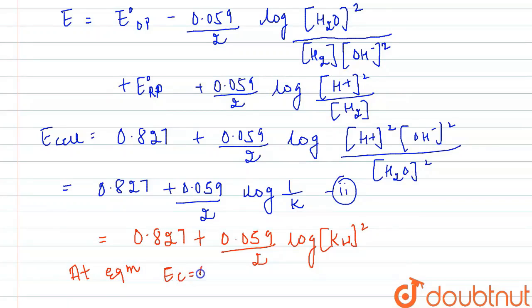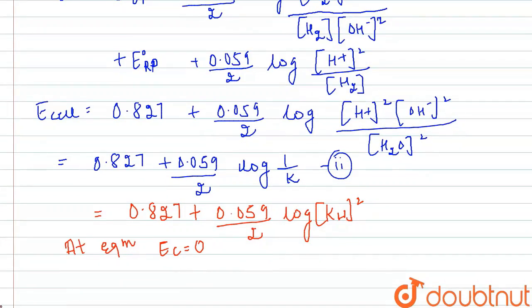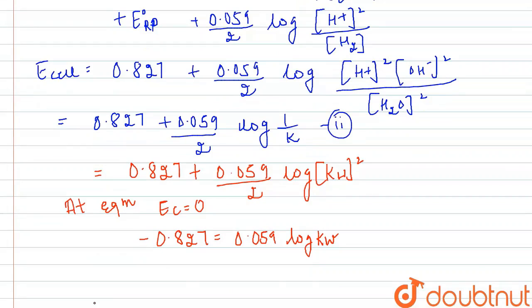So at equilibrium, E cell is equal to 0. So from this what we can do is, since E cell is coming out to be 0 here, that means the value will become minus 0.827 equal to 0.059 log Kw, and we can calculate log Kw from this.